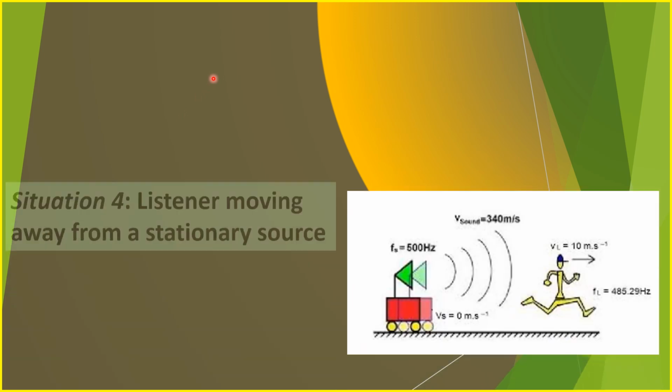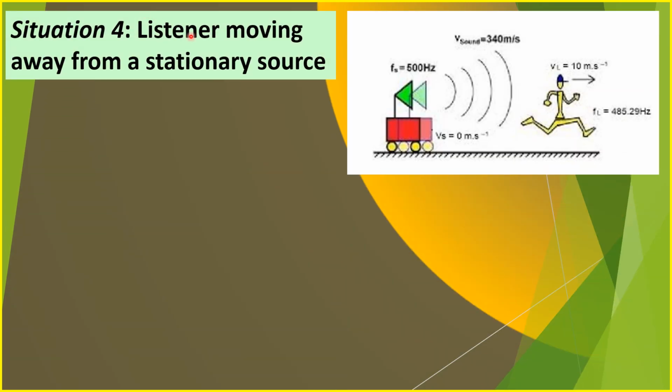The fourth situation is when the listener is moving away from a stationary source. In this illustration, we have the source that is stationary and the observer or listener is moving away or receding from the source.